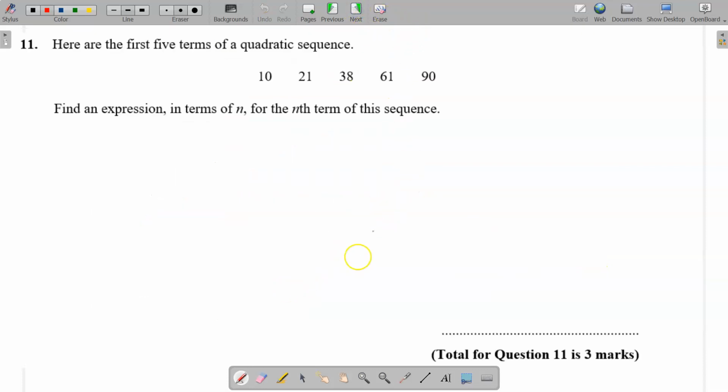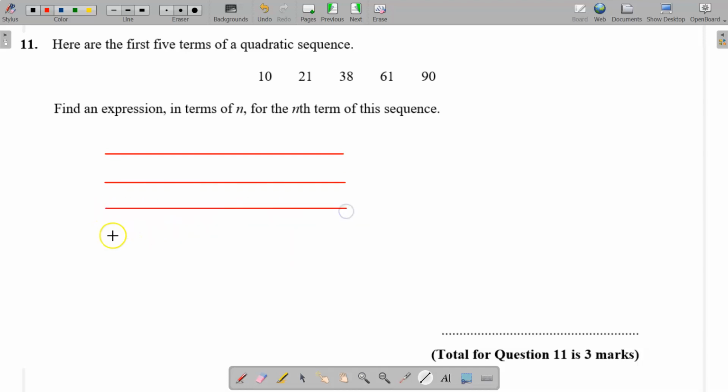A quadratic sequence, classic situation here. Use the most common method, which is a little table that we're going to do. I'm going to start by just very quickly sketching a table and showing you how this normally works. Just have a few horizontal lines like that, and I think one more.